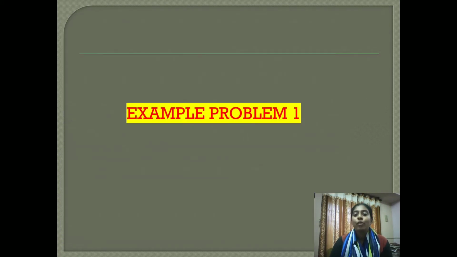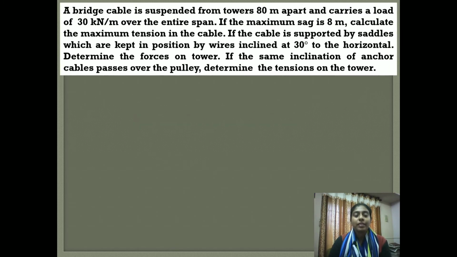Now, with this concept, we will go for the example problems. We will see 2 problems today. With this, our 5th module will be over. So the first problem is: a bridge cable is suspended from towers 80 meter apart, so the span length between the towers is 80 meter, and carries a load of 30 kilonewton per meter over the entire span.